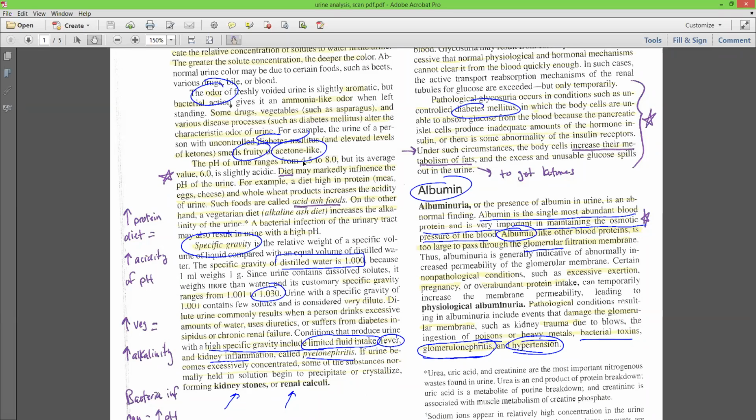Okay, the closer you get to 0 is not good, the closer you get to 14 is not good. So you can be too acidic or too alkaline. So ideally you want to be 6.5 to 7.5. It can be as lenient as 6.0 to 7.5.